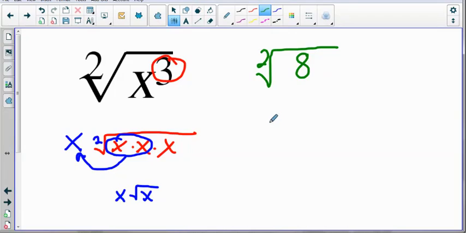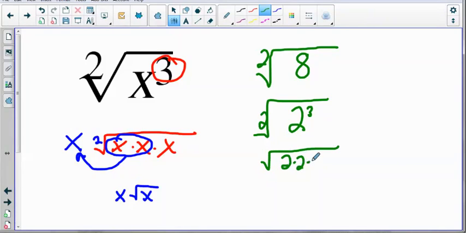So I'm going to look for the square root of, oops, 2 to the third power. So in this case, the x is 2. Just like with the x's, I know that that is 2 times 2 times 2. 2 times 2 is 4, 4 times 2 is 8. So yes, 2 times 2 times 2 is 8.